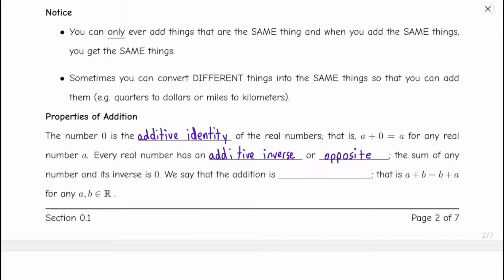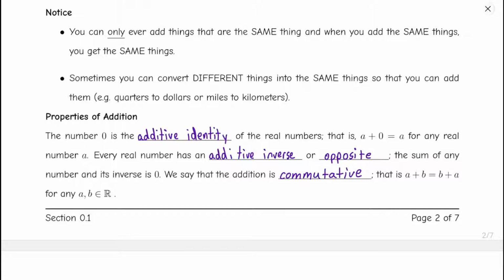The sum of any number and its inverse is 0. Finally, we say that addition is commutative. That is, a plus b equals b plus a for any a, b in R.